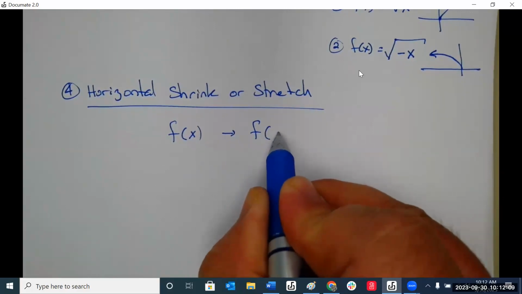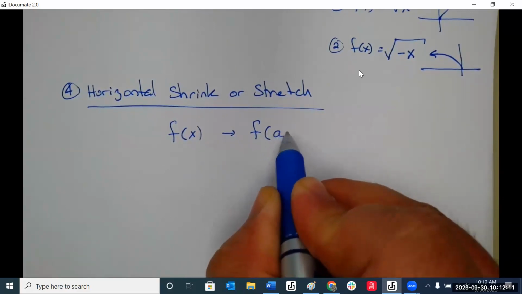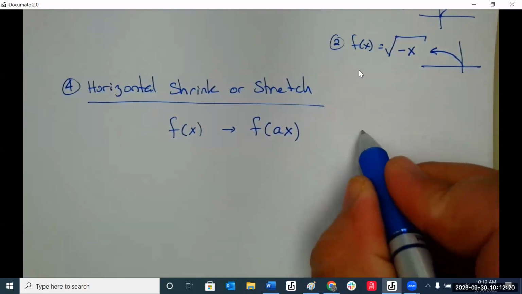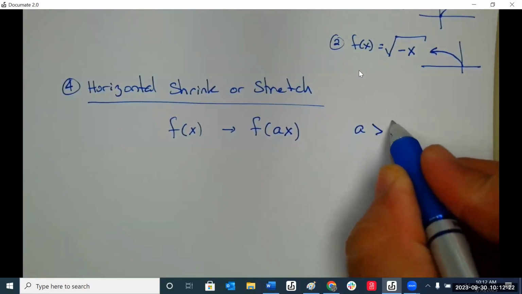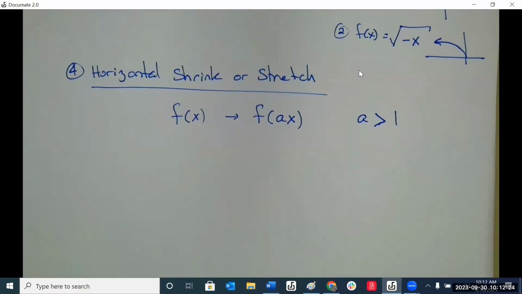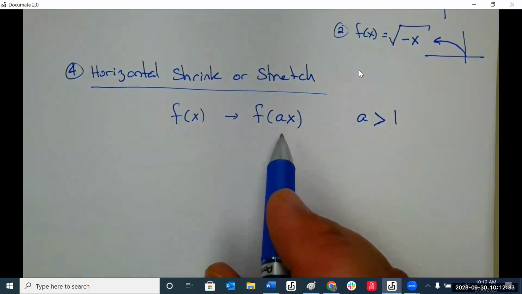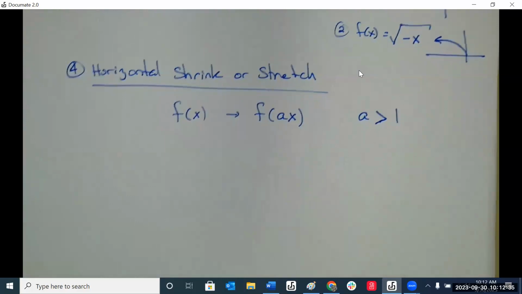If I have a coefficient in front of my x, and it's positive, it's greater than 1. If it's 1, it doesn't matter, it doesn't do anything. But if it's an integer or a number bigger than 1, it changes the shape of my curve.